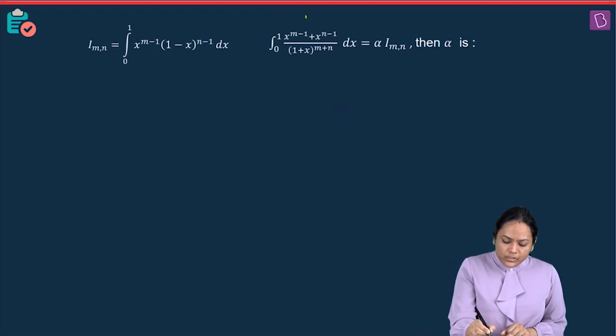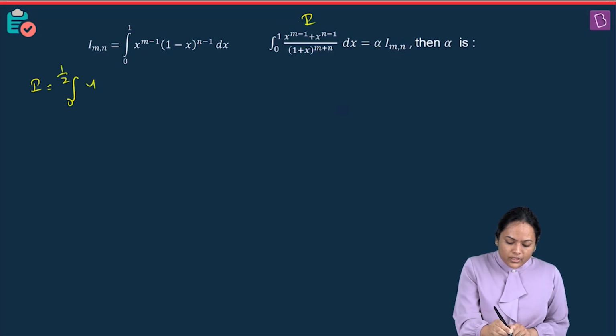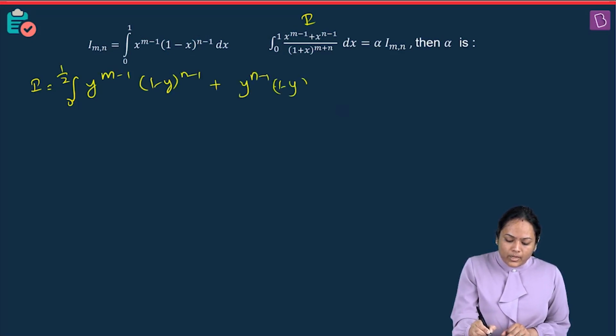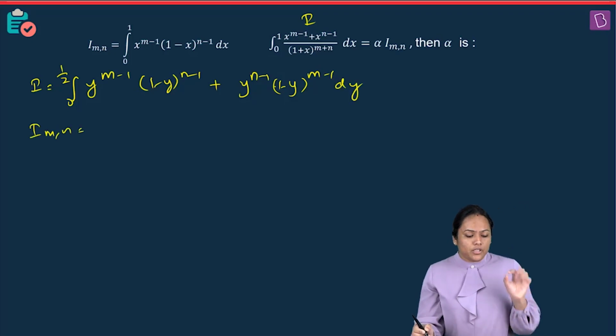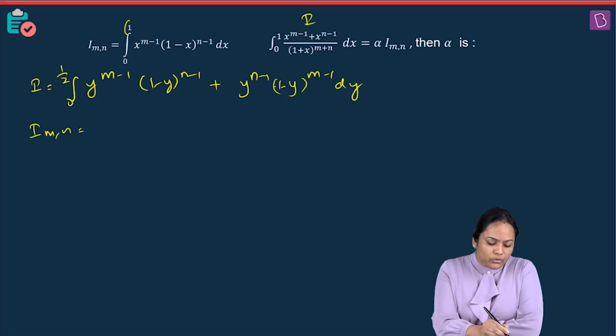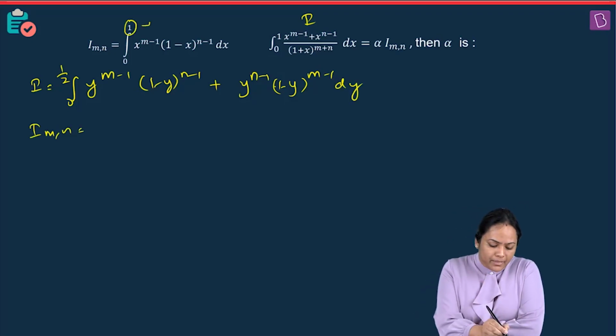So till here, this was I. We have got I as 0 to half, y raised to m minus 1, 1 minus y raised to n minus 1, plus y raised to n minus 1, 1 minus y raised to m minus 1 dy. And now we are actually changing I mn. So I mn limit is from 0 to 1. This 1 can be written as twice of 1 by 2.